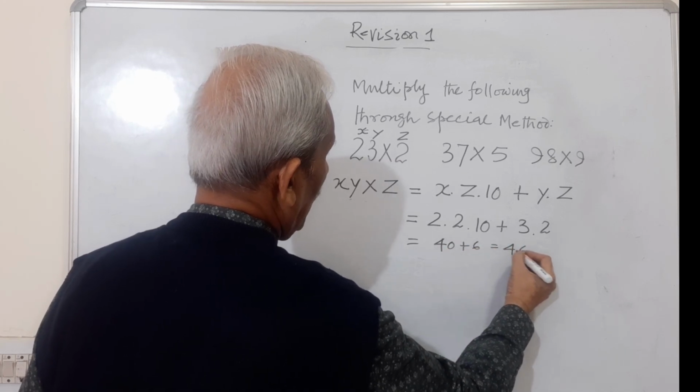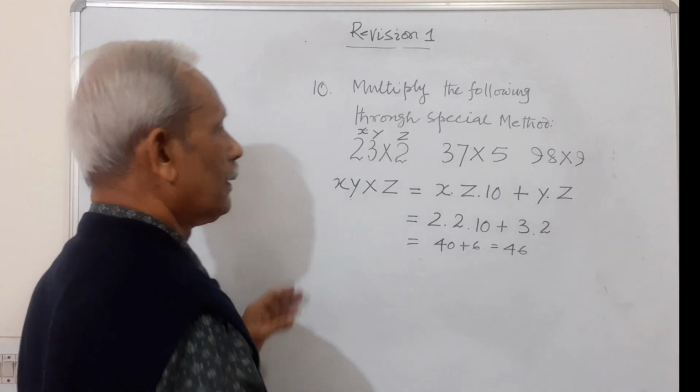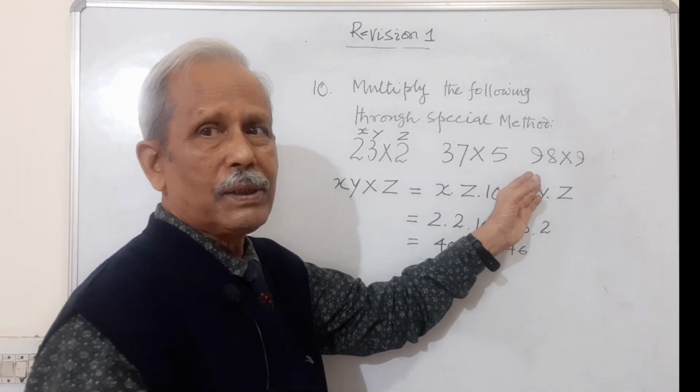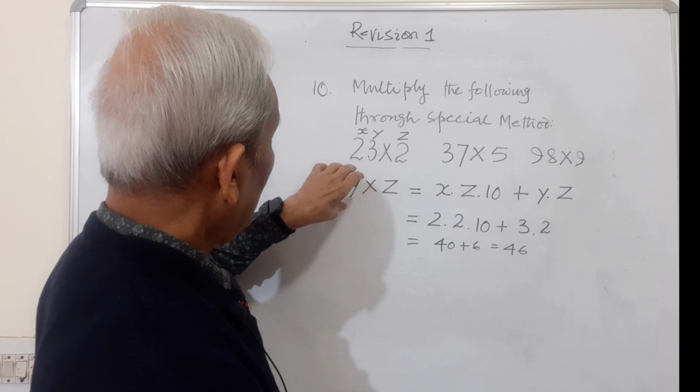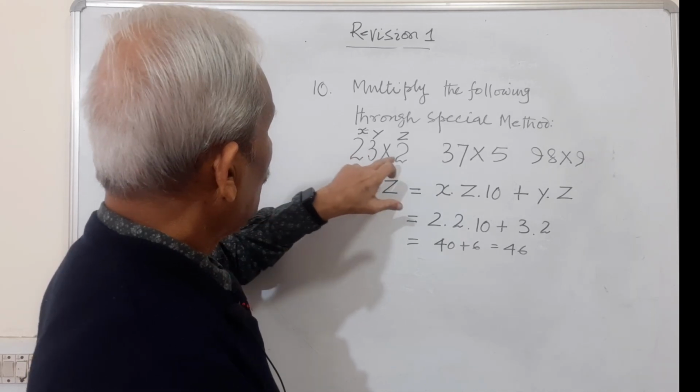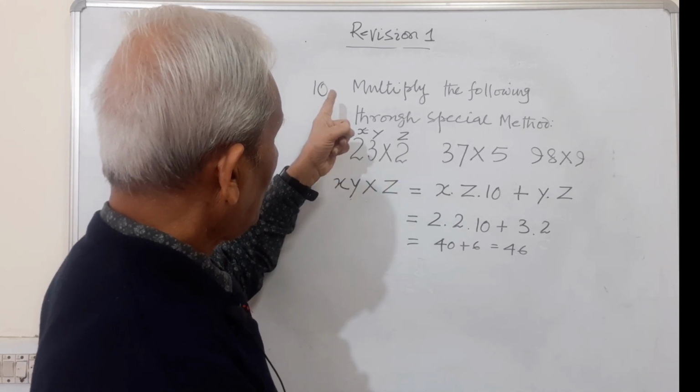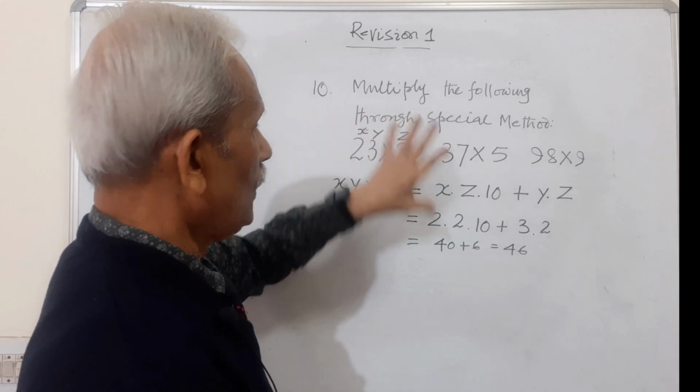You will say you can otherwise also do it. Yes, you can do it, but if there is a bigger problem, you will see it's easier. Here you can do it mentally: 2 into 2, 4 into 10, 40 plus 3 into 2, 6, 46.